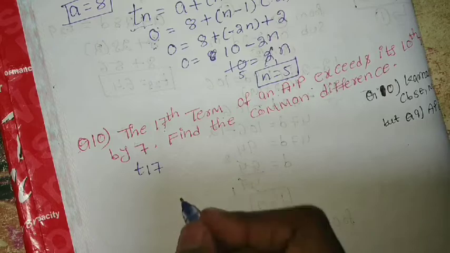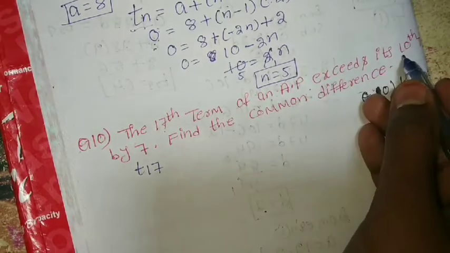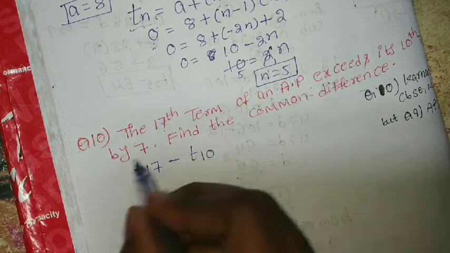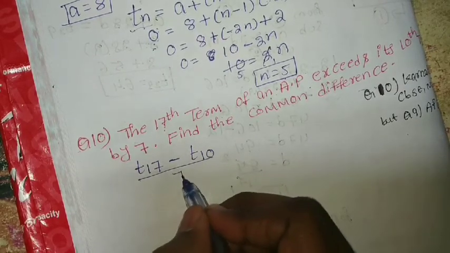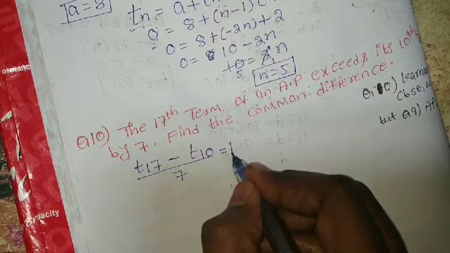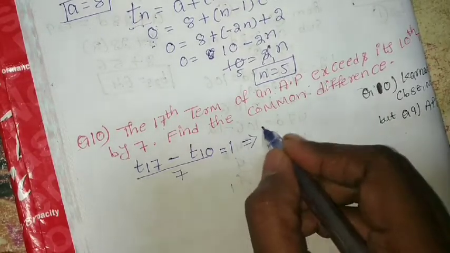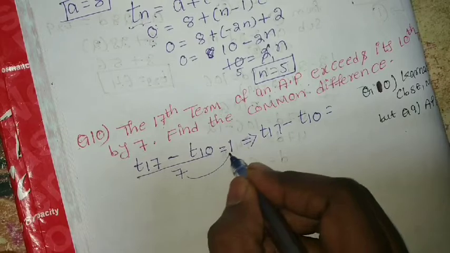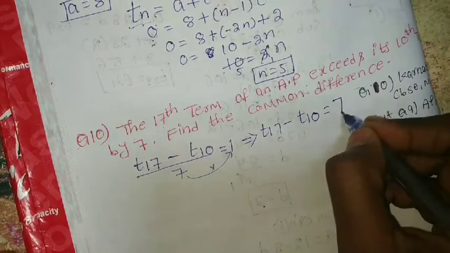Term 17 exceeds its 10th term, that means subtracting its T10 by 7. So how can you write here? T17 minus T10 is equal to 7.